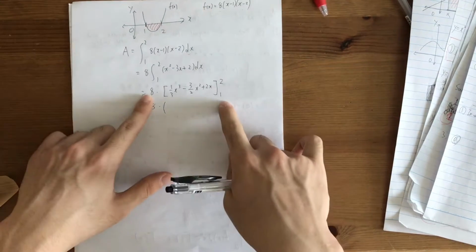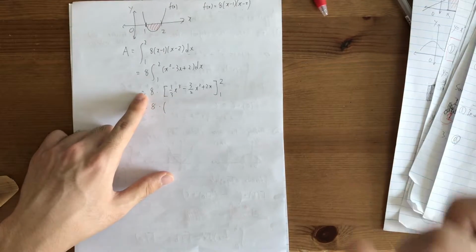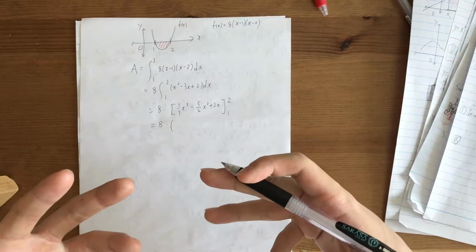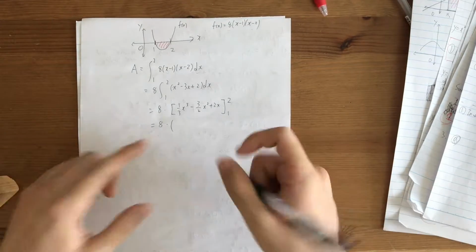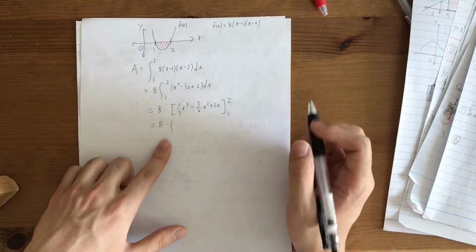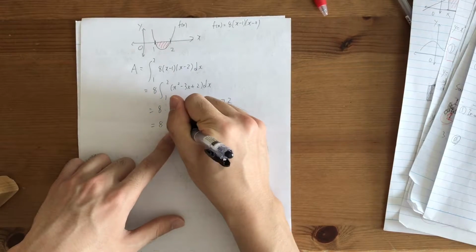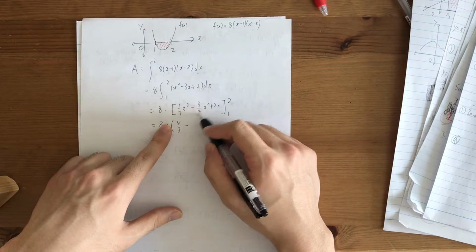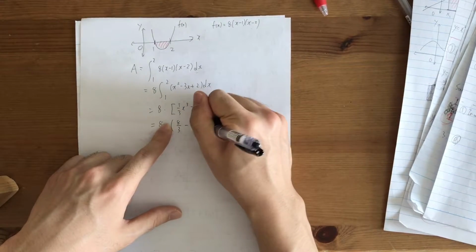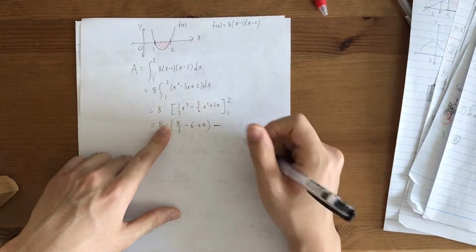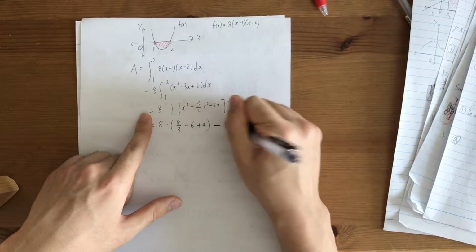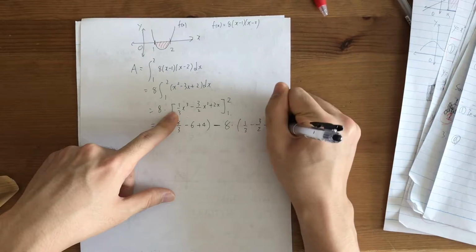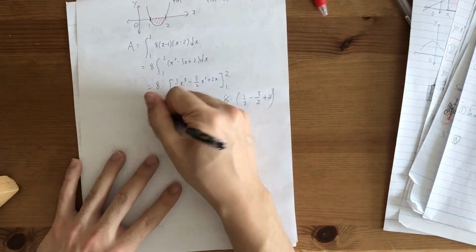For the computation, a lot of students make mistakes because it's a bit tedious, and there are a lot of fractions involved. So just do it one by one carefully, okay? So that one is equal to 4, so cancel it out, you'll have 6 plus 4 and minus, okay, don't forget this 8 as well, and evaluate for 1. So this is what you will have.